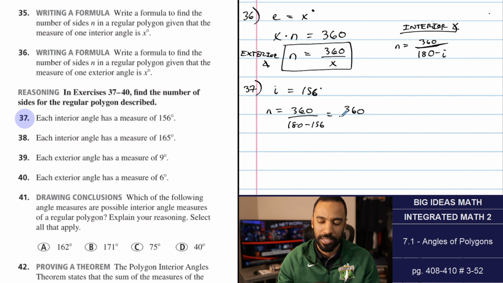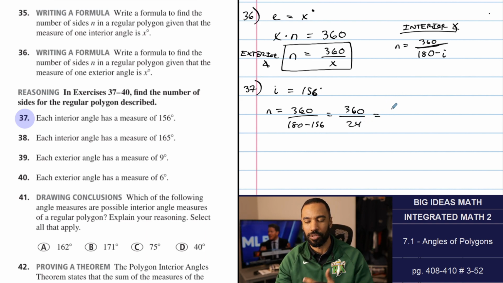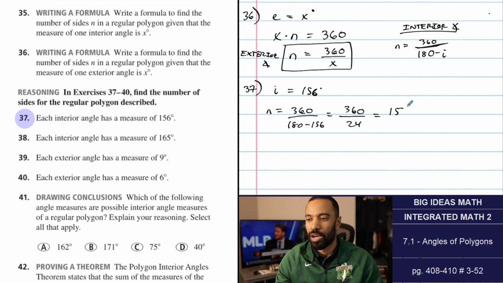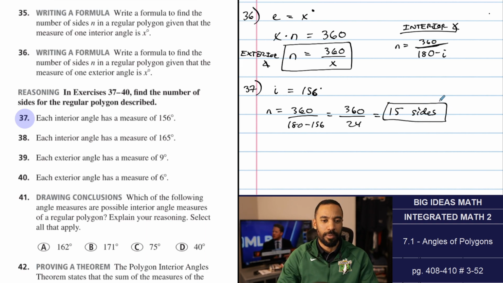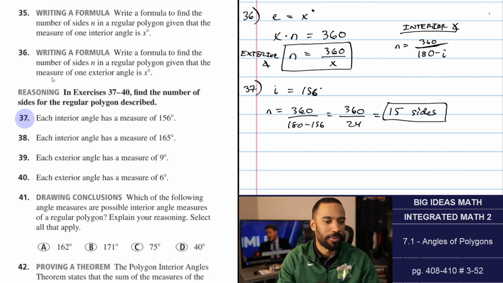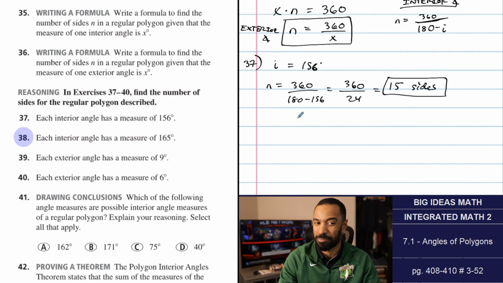This totally makes sense when you think about supplements of these things. I think that's 15. It's not 15 degrees. This is the number of sides that you have. So there are 15 sides when each of them is 156 degrees. Wow, yeah. I like that they had us do a formula beforehand. They didn't tell us to use it, but you got to think that you probably should.